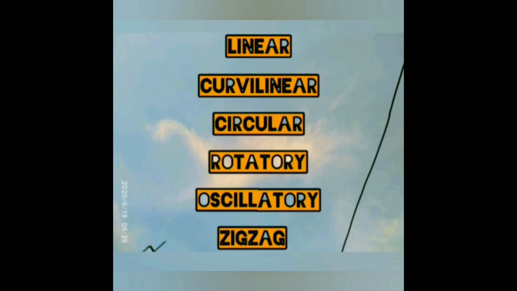When it rotates over a circle, it is circular motion. Then comes oscillatory motion, the to and fro motion. From a fixed point, it moves to a point and comes back again to that fixed point. And finally, the zigzag motion is a random or irregular motion.